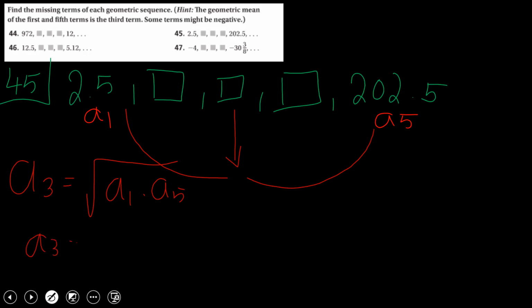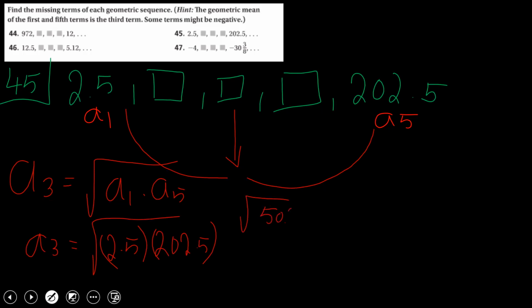So A sub 3 will be the square root of 2.5 times 202.5. If you multiply them, you will find that the answer is the square root of 506.25. This will be A sub 3.